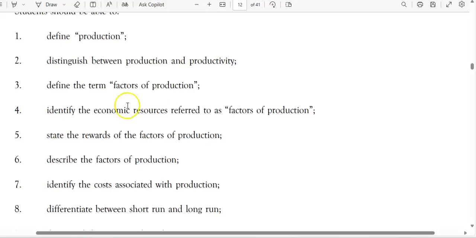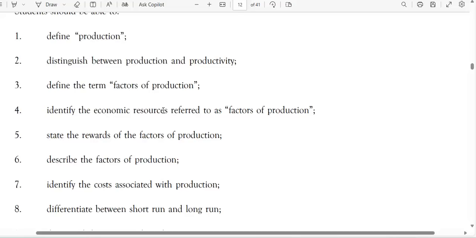Now, we know the four factors of production already. Just a quick summary because we did look at them already. Land: natural resource that's provided by nature, used for farming, mining, fishing, building. Labor: the human effort, physical or mental, used in production, used for operating machines, providing services, manual and skill tasks.